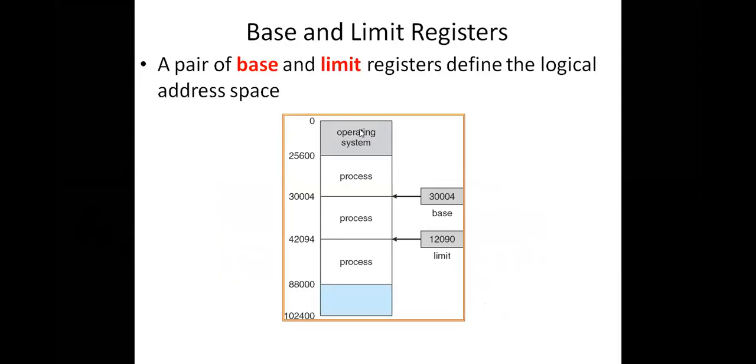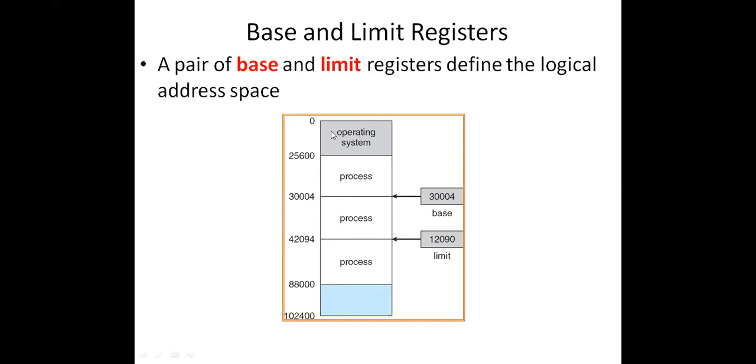If you observe this diagram, the entire main memory is divided into two parts. This particular portion is for the operating system, and from this point to the last point, this area is for the user. Up to this portion, the operating system will be stored in the main memory.